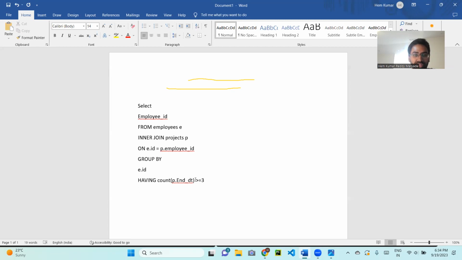Count of projects end date greater than or equal to 3. Next, order by E dot salary in ascending order. Limit is equal to limit 5.